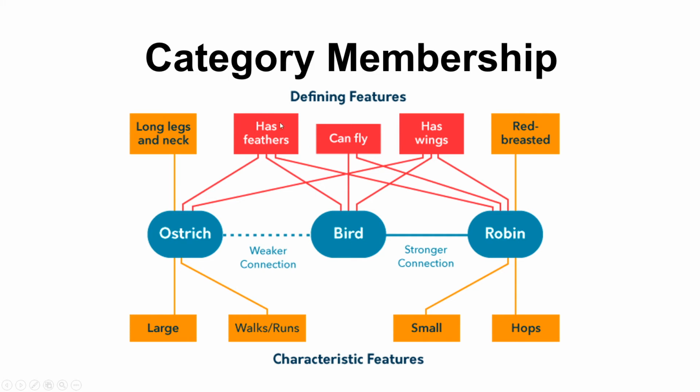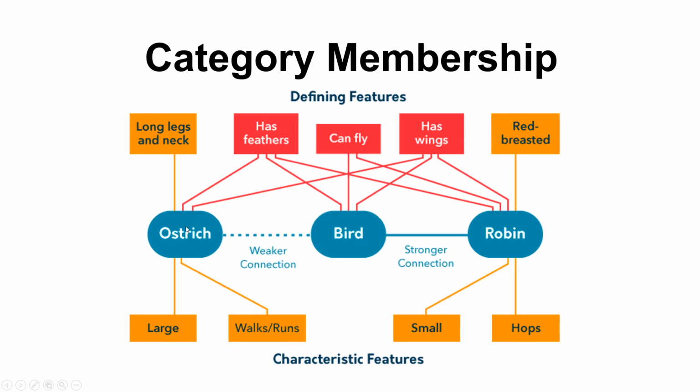So if our category in question is bird, we have some defining features of that category. Birds typically have feathers, they can typically fly, they have wings. We can then look at different examples of birds and decide if they fit into that category. So robins have feathers, can fly, and have wings. So we have a much stronger connection between bird and robin because it has lots of connections with those defining features.